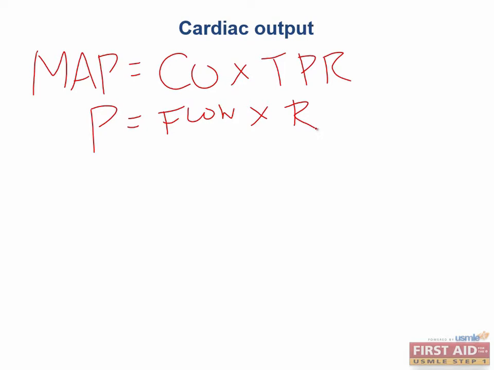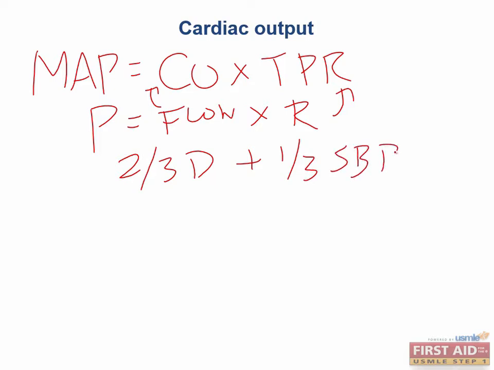In this situation, flow is our cardiac output, and total peripheral resistance is just resistance. The resistance is provided by the small arterioles that precede large capillary networks. So mean arterial pressure can also be calculated by the addition of 2/3 of the diastolic pressure plus 1/3 of the systolic blood pressure.